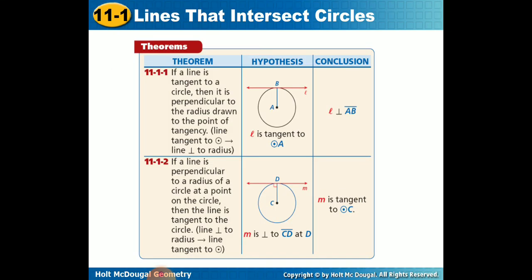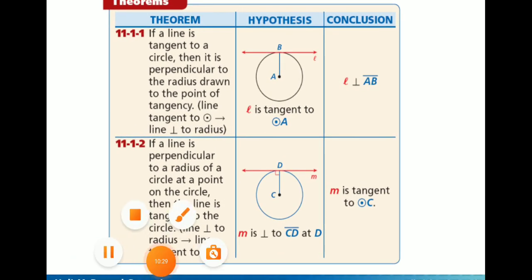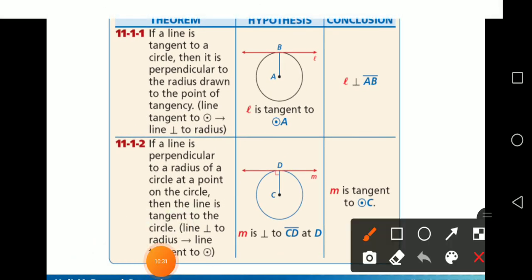We have this theorem. This is a very important one and a very easy one. If a line is tangent to a circle, then I conclude that it is perpendicular to the radius drawn to the point of tangency.